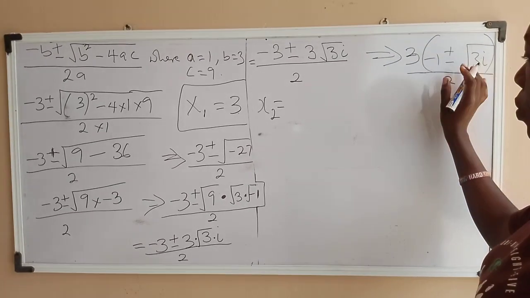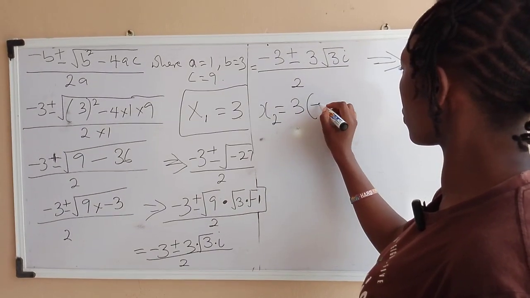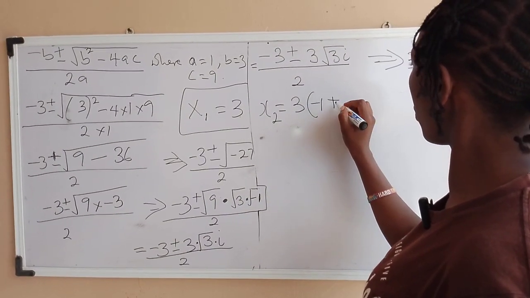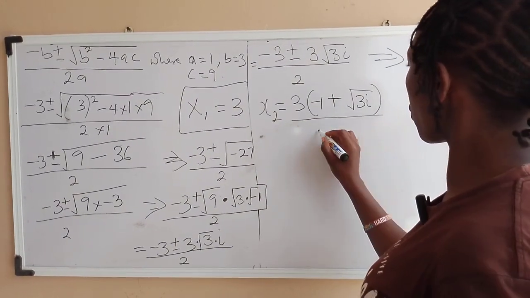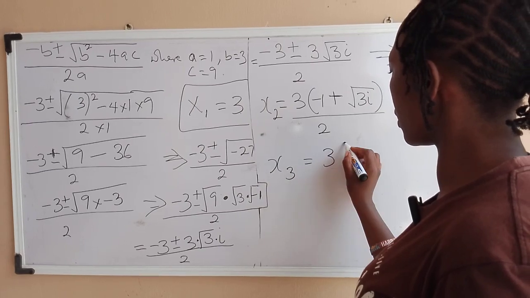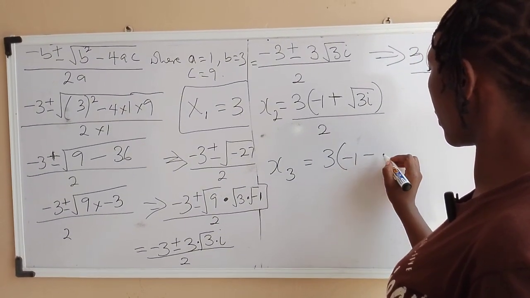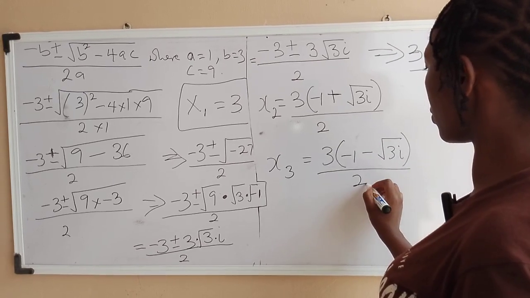So this is what we're going to be using. We'll say for x2, 3 into bracket minus 1 plus root 3i all over 2, and then our x3 would be 3 into bracket minus 1 minus square root of 3i all over 2.